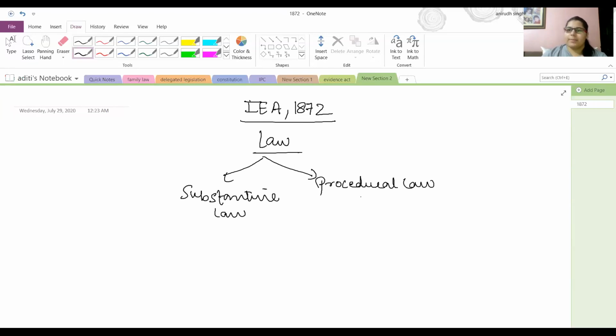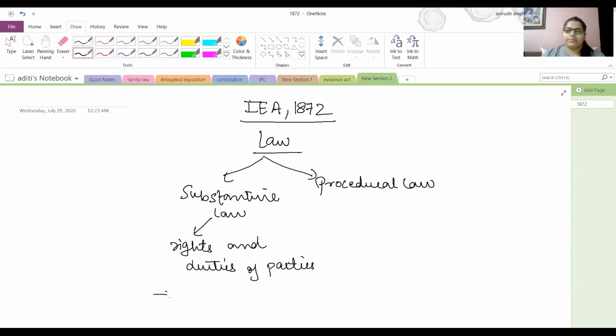What is the basic difference between them? Substantive law tells the rights and duties of the parties. Whatever the rights and duties of the parties are, they are defined in substantive law.